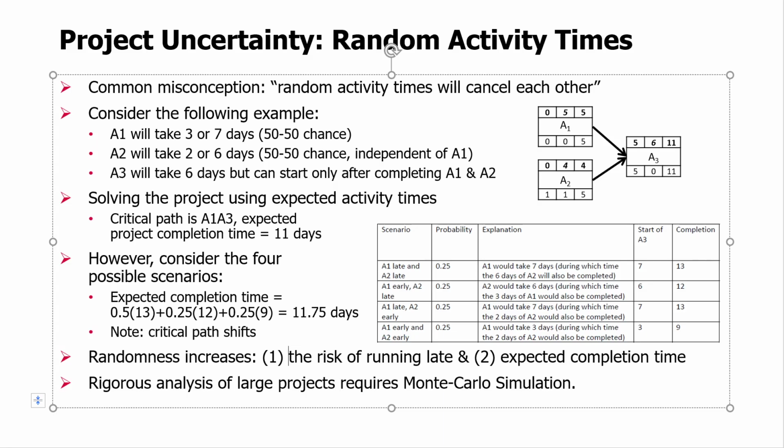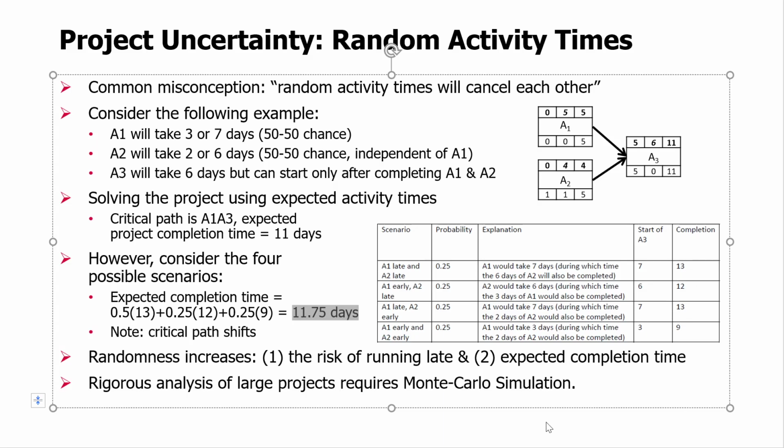So rigorous analysis of a project like this requires something like Monte Carlo simulation. If you have more complex projects with a lot of randomness, running Monte Carlo simulation of a project can give you much better understanding of the distribution of project completion time, right? Project completion time is a random variable. We just calculated here an expected value, and in this case, we calculated actually all possible final values.